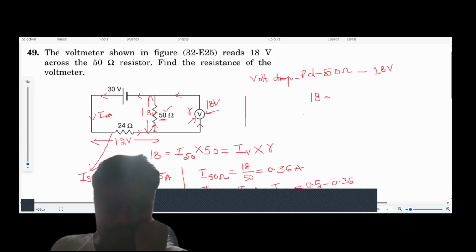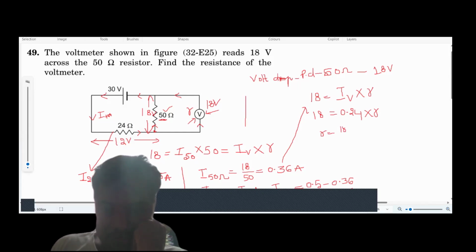So from this equation, 18 volt is equal to the current flowing through the voltmeter into its resistance. We already got IV is equal to 0.24 amp. So 18 is equal to 0.24 into R, where R is the resistance of the voltmeter.